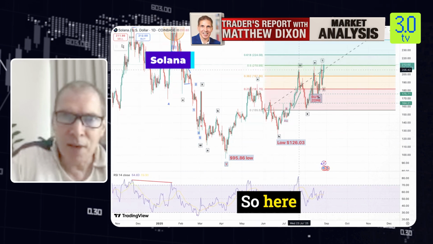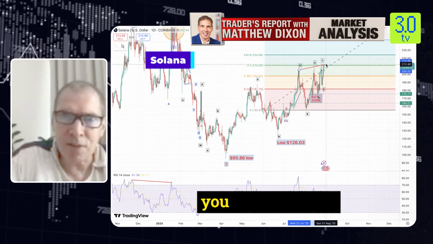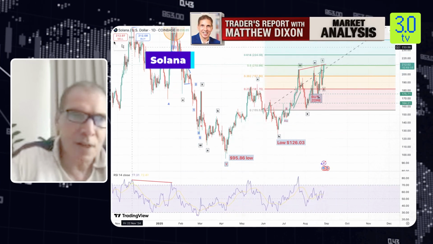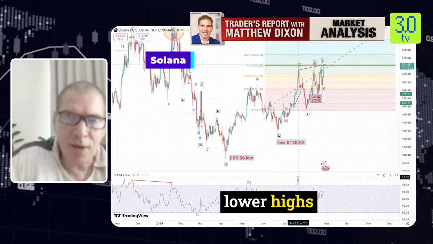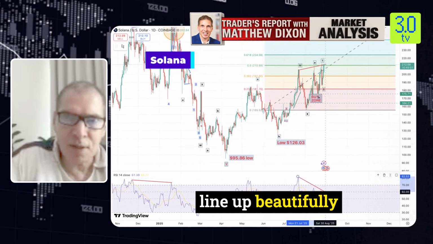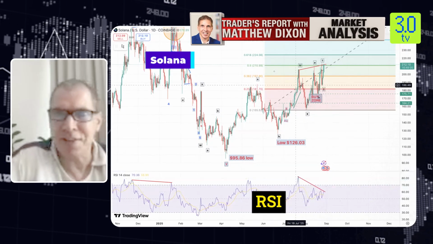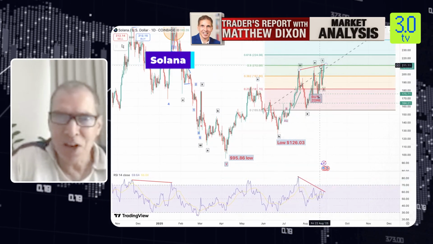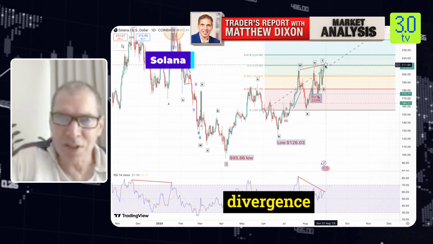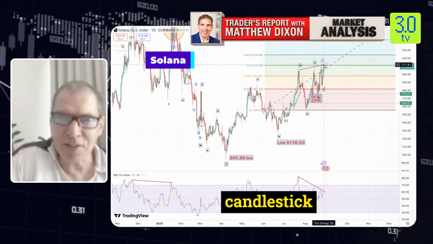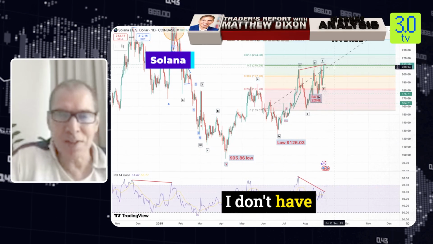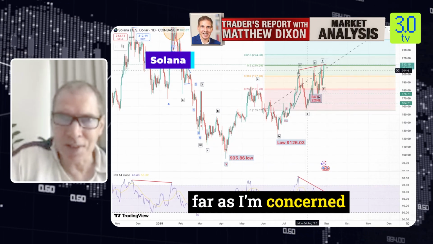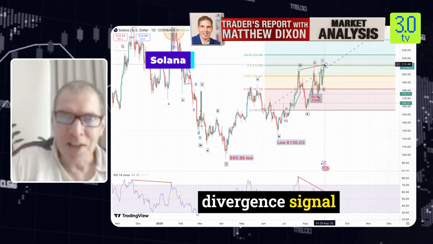So here you can clearly see we've got higher highs in price, and we have corresponding lower highs, and these absolutely line up beautifully, corresponding lower highs in RSI. So that's very clear, classic, regular bearish divergence. But the thing is, we don't have candlestick confirmation. And so at the moment, it's not confirmed as far as I'm concerned. This bearish divergence signal is not confirmed.